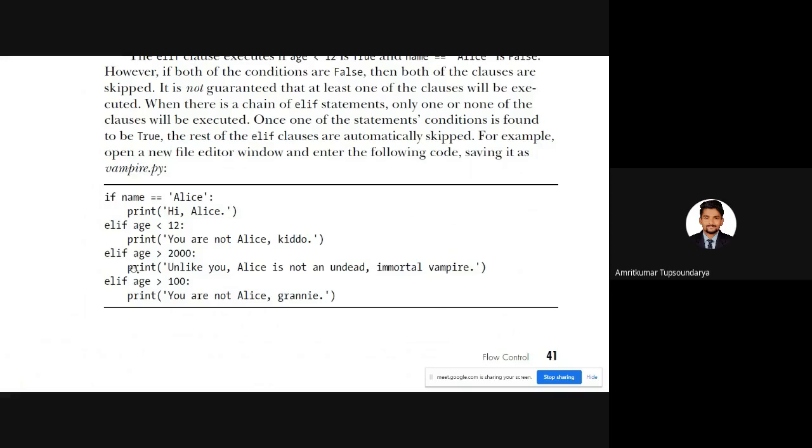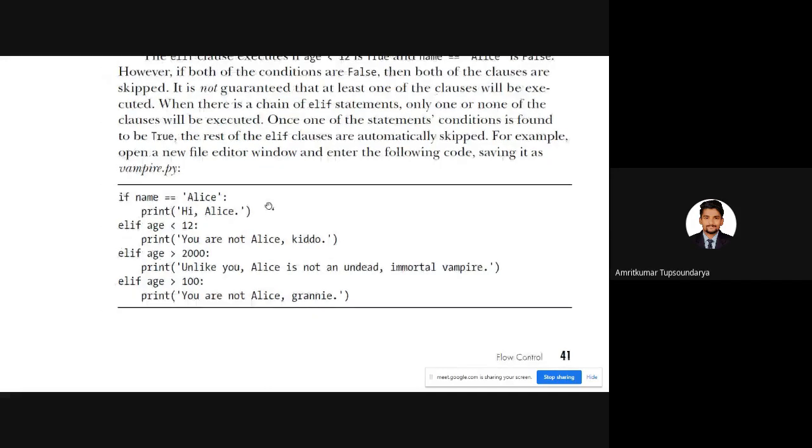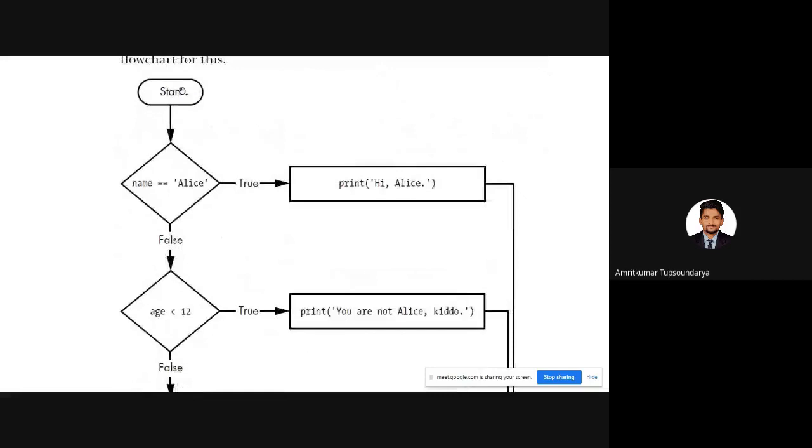Anyways, the main motive here is to form a chain of elif statements, and ultimately we are checking the third elif, that is, age is greater than 100, then print you are not Alice, granny. Okay, so let us understand now with the help of a flowchart. As you can see here, this remains the same.